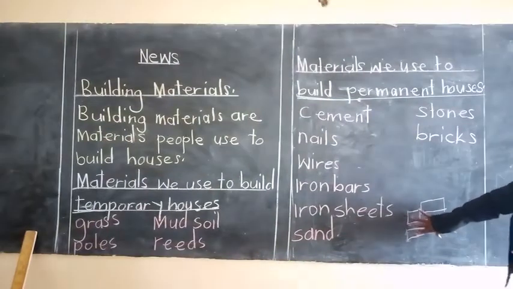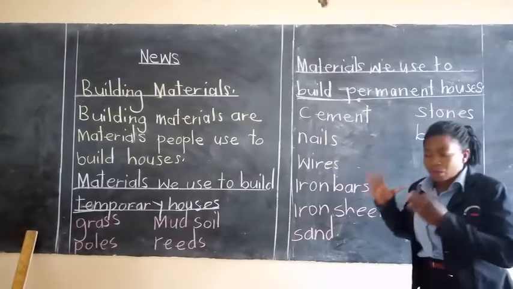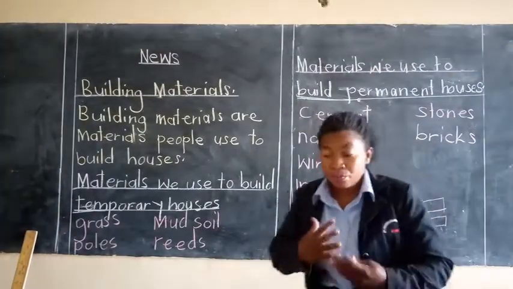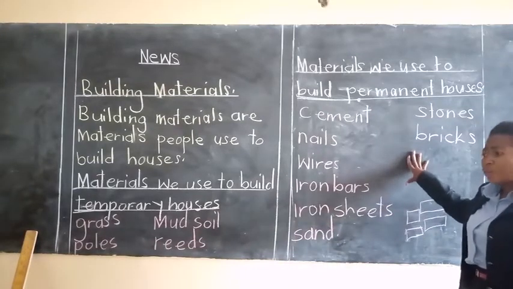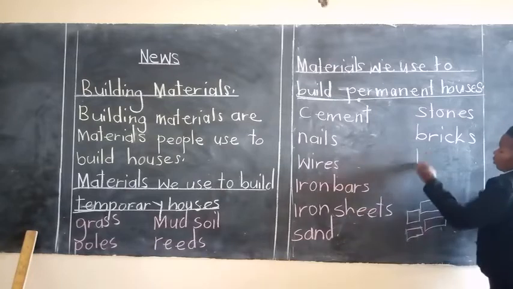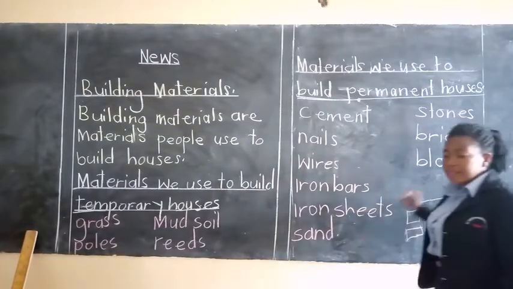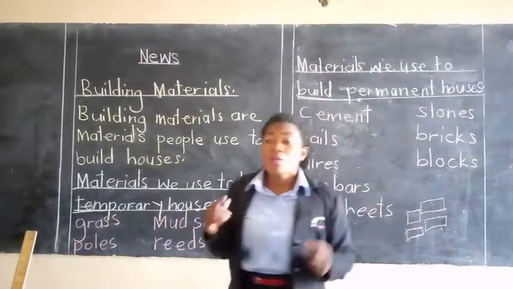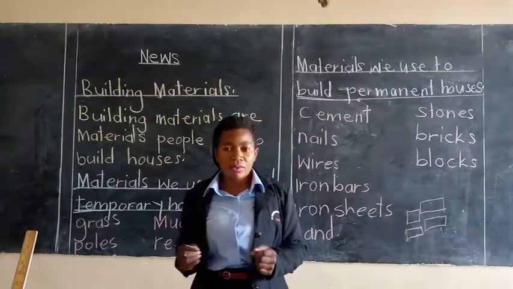The small ones, they can get water and soil, and mix them together to make bricks. But if you want those big ones, we call them blocks. These ones are very big, and they are mainly used when we are building permanent houses.